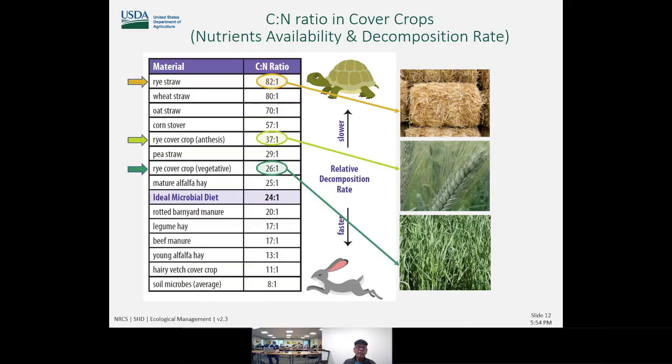But when rye is at the vegetative stage, the carbon to nitrogen ratio is 26:1, which is kind of close to the microbial diet. So if you terminate at the vegetative stage, there is a possibility of more microbial activity, so nutrients are also going to be released at this stage.